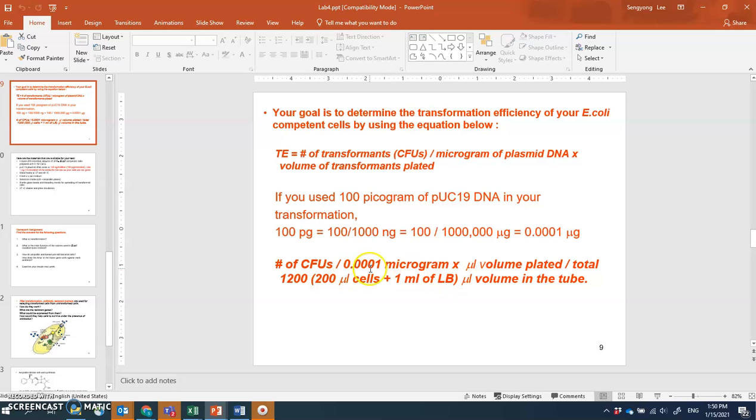So multiply 0.0001 times 1200, and then that number will divide the total transformants you're going to get per plate. That's how you can determine the transformation efficiency. Okay, so the transformation efficiency should be good. I'll tell you what the acceptable range of the transformation efficiency is.